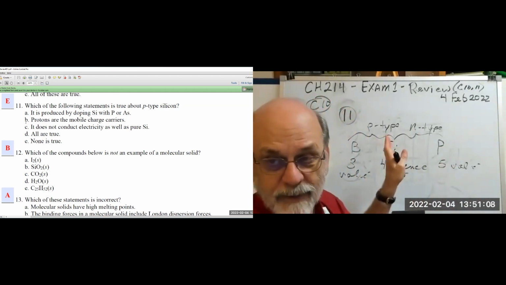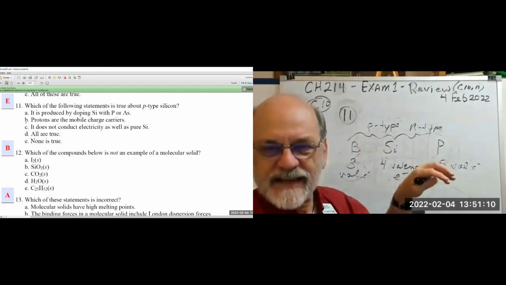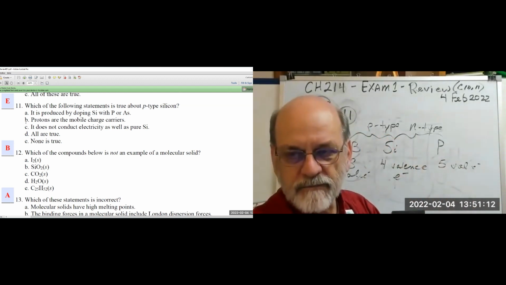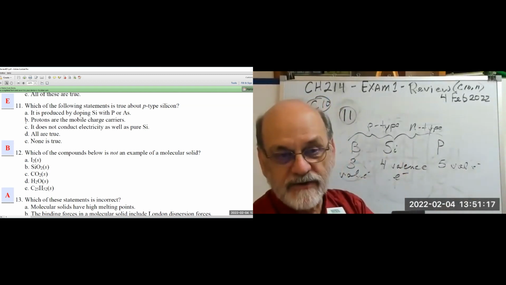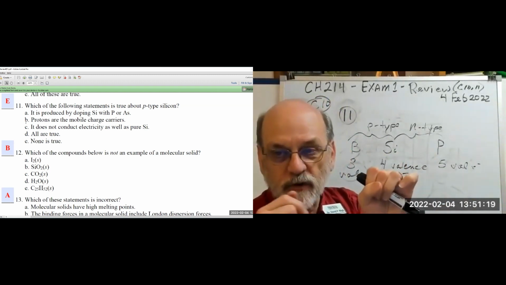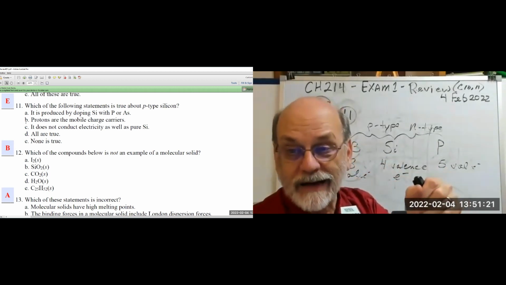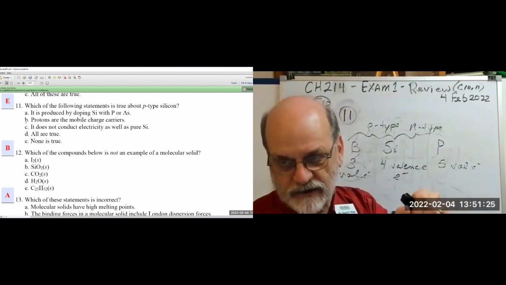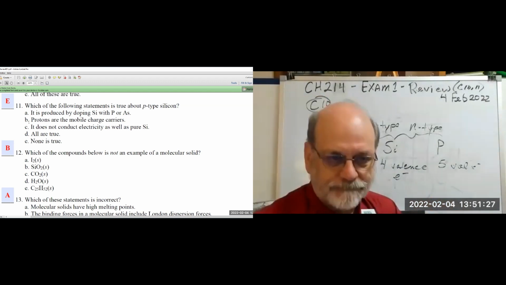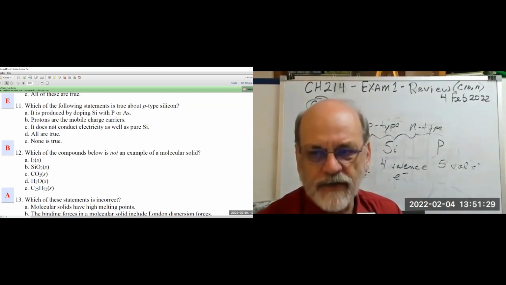If you have a P-type, then it's said that the holes move, the holes where you're missing an electron. Actually, what happens is an electron moves to fill one hole and leaves the hole behind. So the electron moves one way, and it looks like the holes move in the other direction. So protons are not the charge carriers.